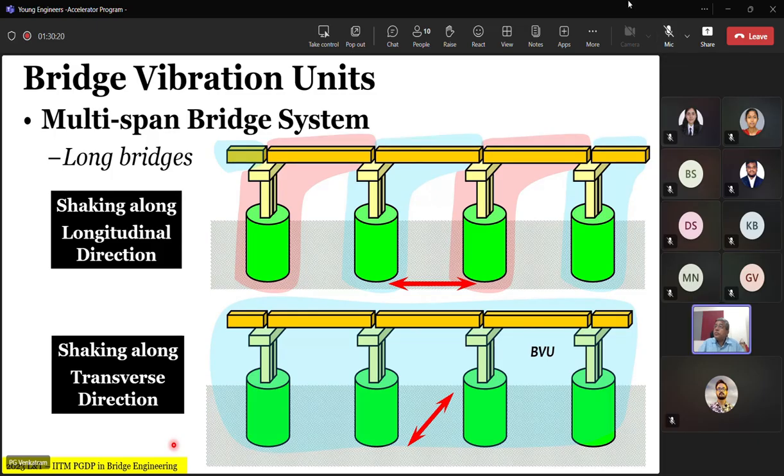What if I were to say that the bridge is very long, multiple span, very long, and all the piers are of nearly the same stiffness? Have you not done such an analysis, treating an individual pier in the transverse direction as a single inertial unit?